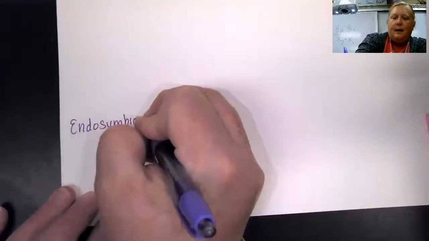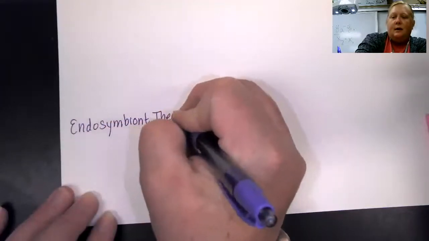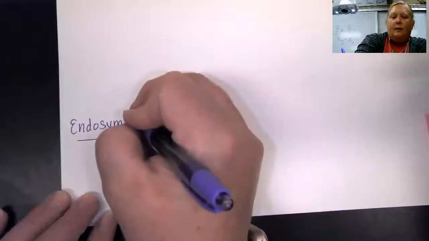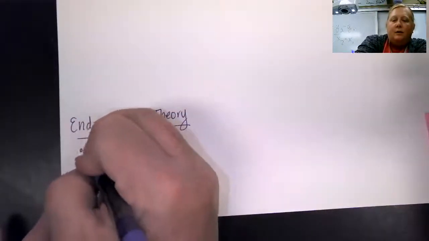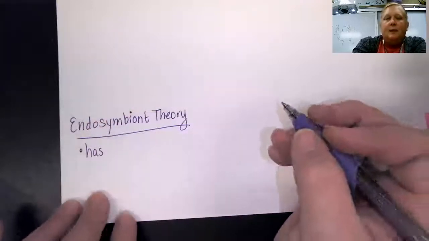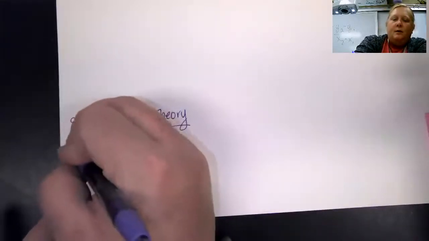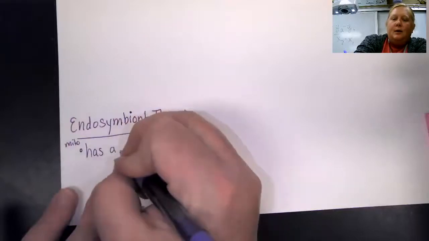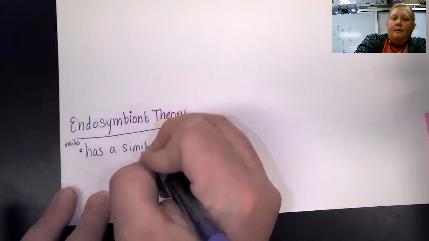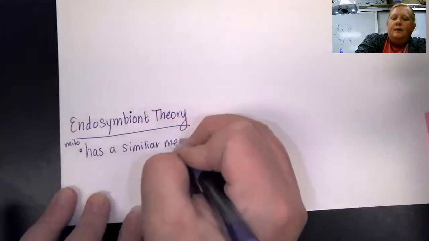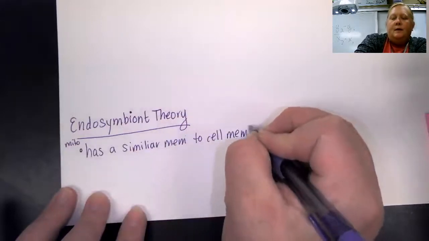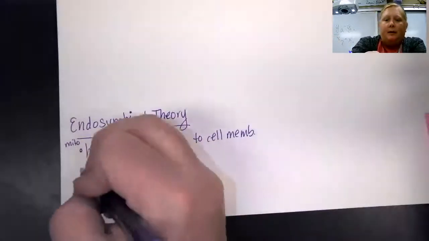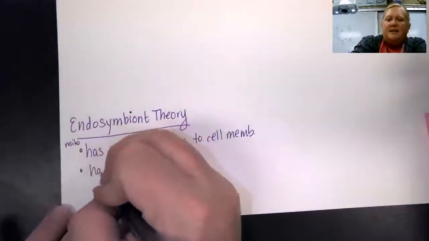It's a theory I've heard in every bio class because it has to do a little bit with evolution. Something to keep in mind is that mitochondria have a membrane similar to the cell membrane, as far as a phospholipid bilayer, and they also have their own DNA.